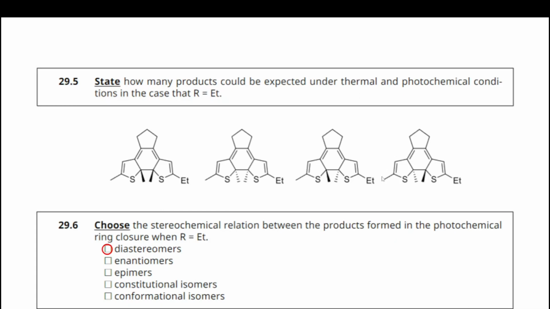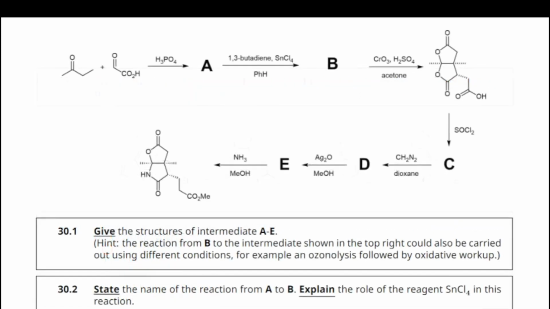Huh. Who knows by heart whether they are diastereomers or enantiomers, the third and the fourth, and why? Maybe I copied the wrong answer. Yeah, they are mirror images of each other. They should be enantiomers. So this you can also check a bit later. And this is the next question.